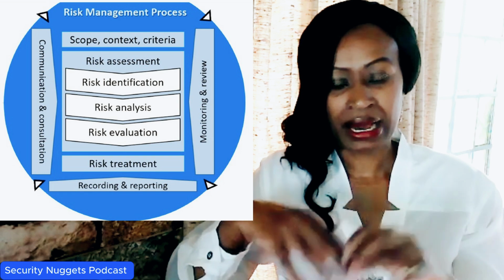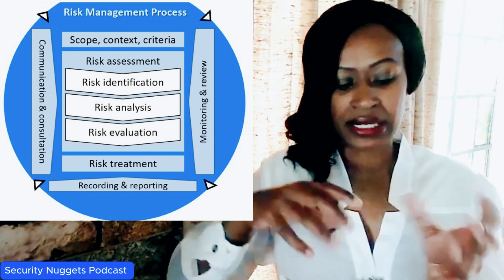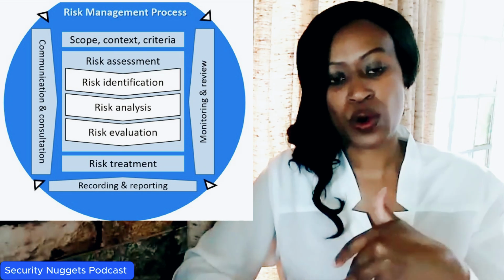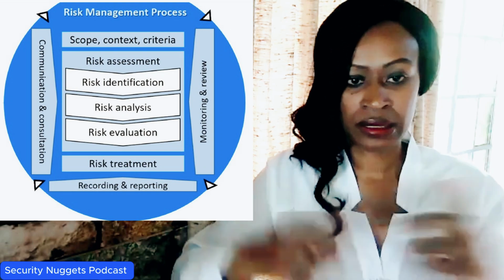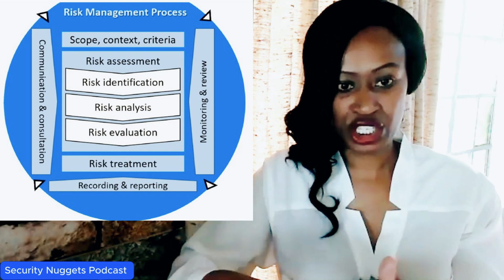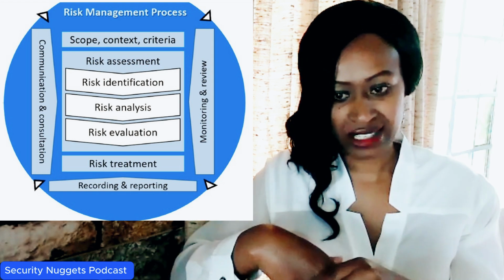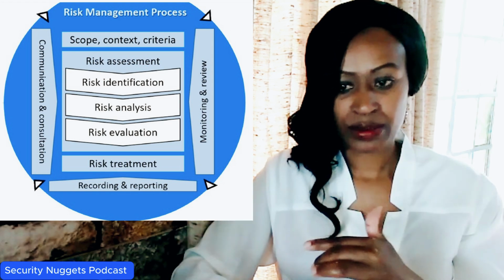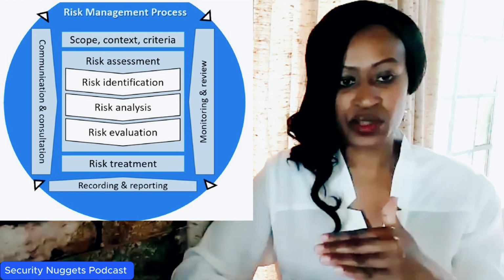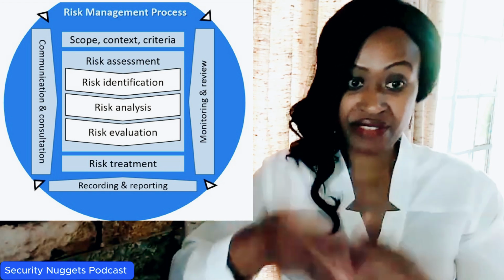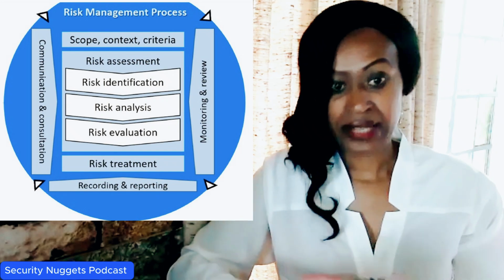Whatever we come up with under scope, context, and criteria influences how we go on with the process. You will also realize that the output of one stage or phase within the security risk assessment process becomes the input of the next phase.